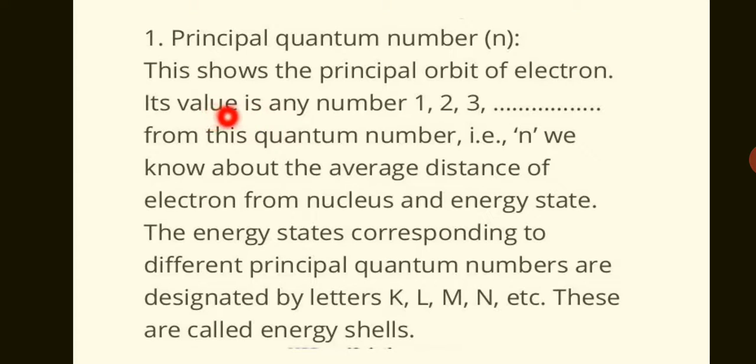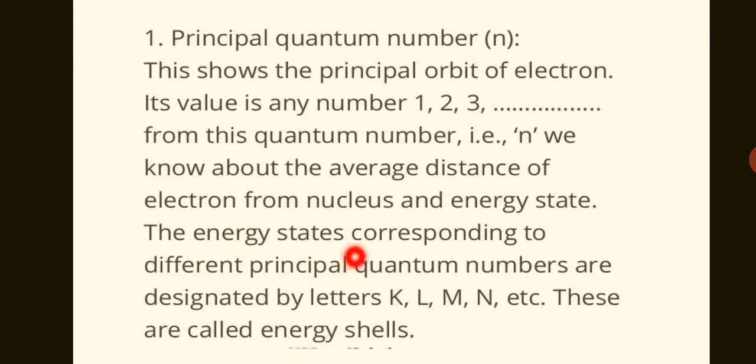So the principal quantum number values start from 1, 2, 3 and so on. From this quantum number, that is from small n, we know about the average distance of the electron from the nucleus and its energy state.